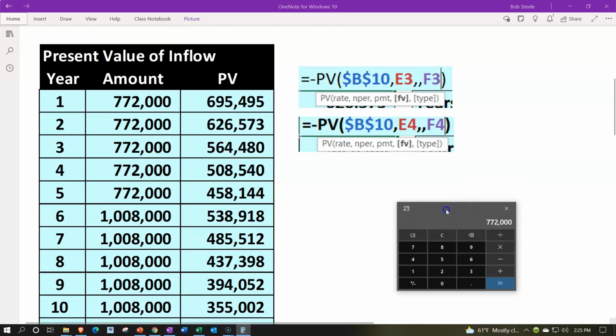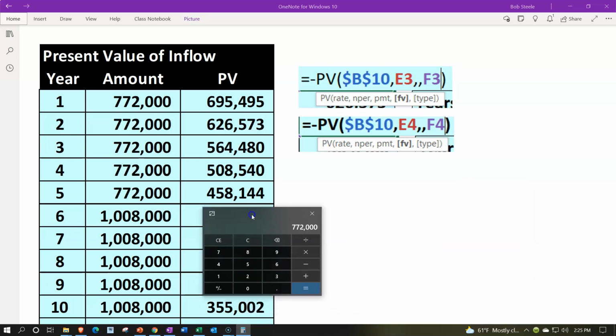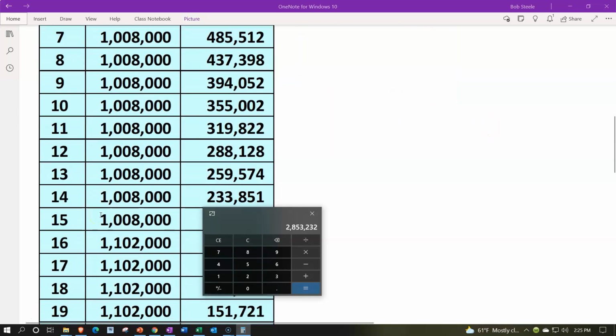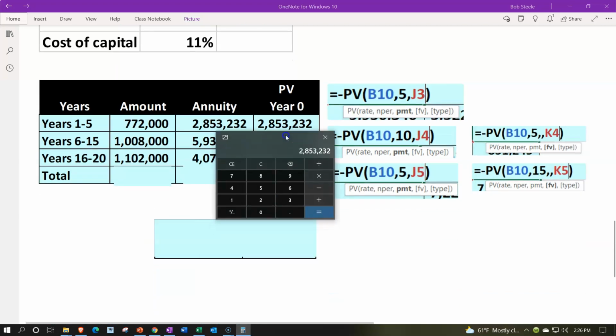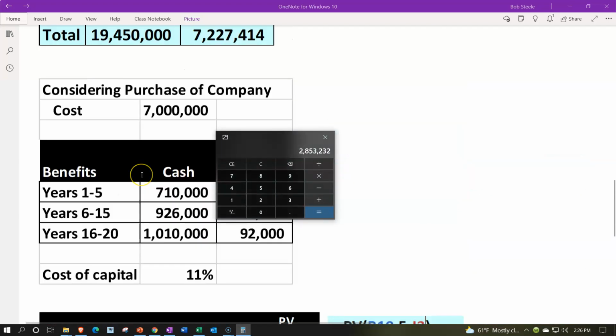And if you were to compare these to the data we got up top, you can calculate this out and say, is this the same thing? You could say if I did this present value of 1 for the first 5 years, you get the 695,495 plus 62. This might be off by rounding, by the way, but pretty close. And then we get the 564,480 plus the 508,540 plus the 458,144. That's going to be the 2,853,232. Should match up the 2,853,232. That looks right.